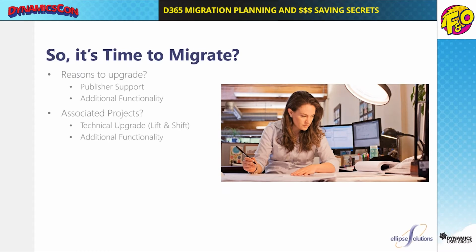Or sometimes it can be quite large: we're moving off of a third party and we want to add warehouse management and inventory control that we used to do in third-party software. These additional functionality projects can be large or small, but they're always out there and we see them all the time. But do know that you need to think of those things in two different buckets.